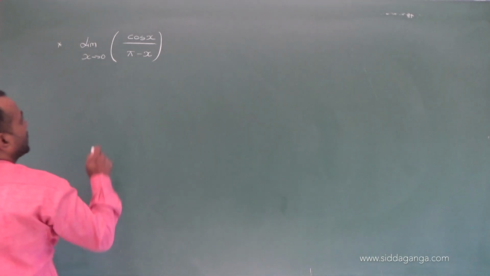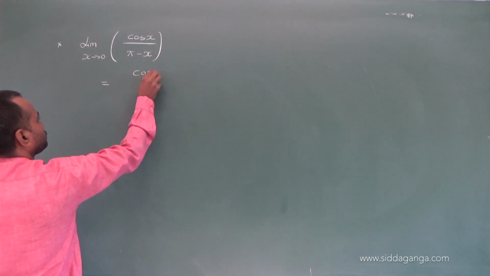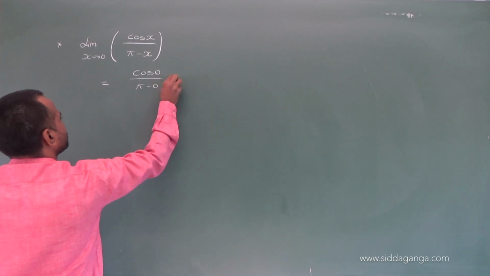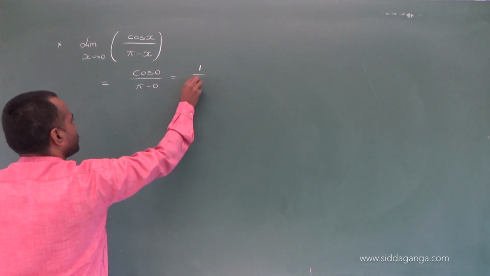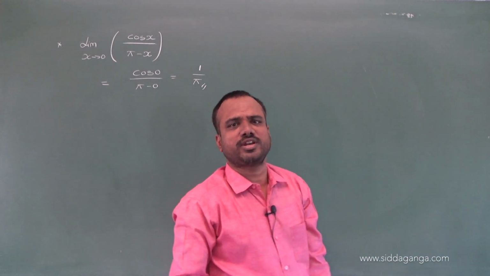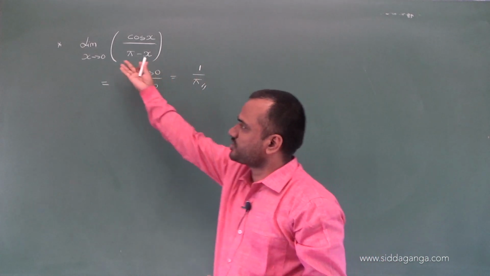Firstly, we substitute the values. Cos 0, what is the value of cos 0? It is 1. So 1 divided by pi. Is it an indeterminate value? No, it is a finite value. So it is a finite and unique value. That is the limit value.